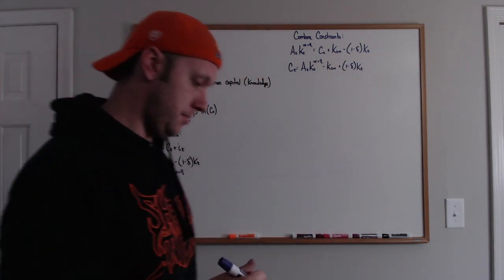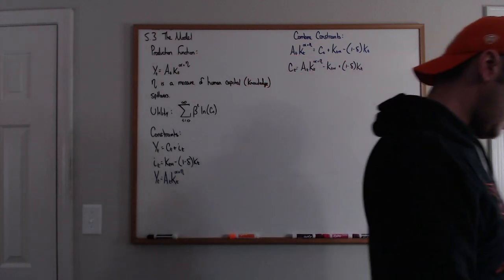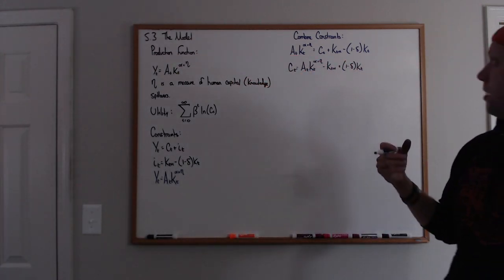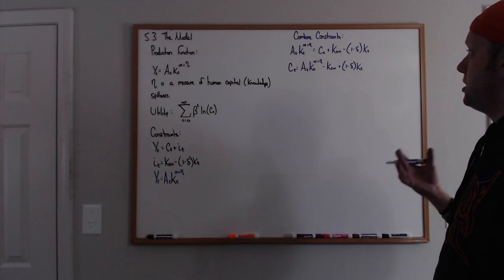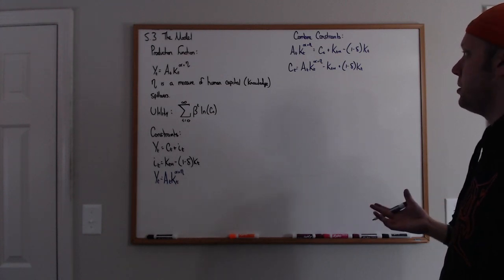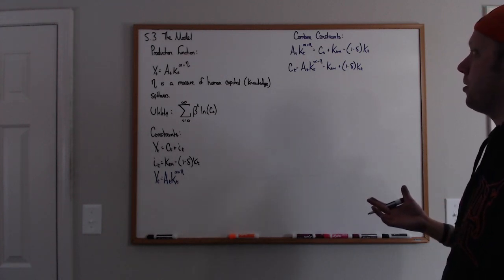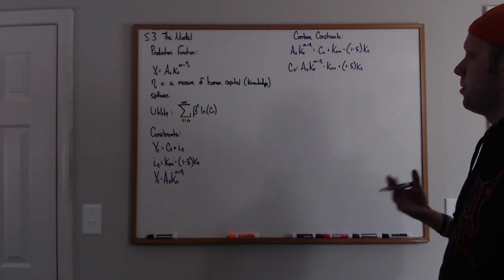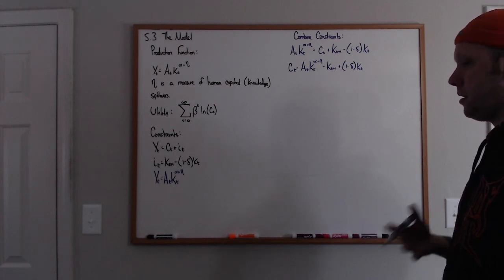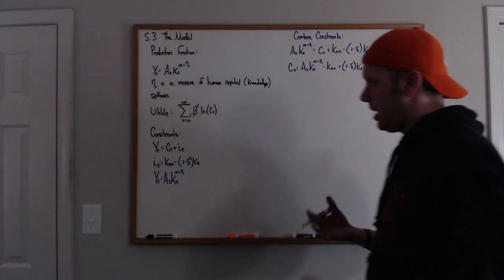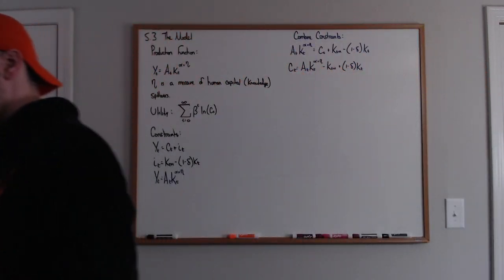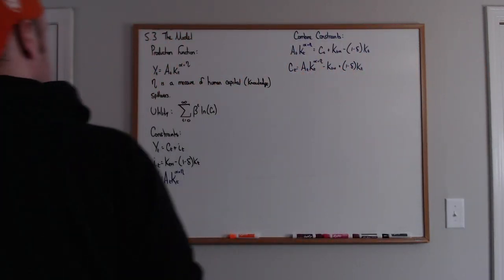This is what we get. Now, all we do is just set this up exactly the same way we set up the Neoclassical Growth Model. We set up our Bellman equation, we take the derivatives, get what we need, boom, bada bing, bada boom, we're done. So let's do that.